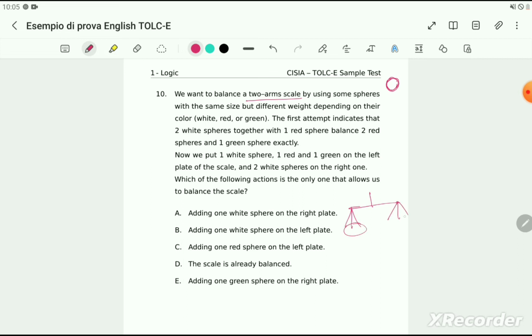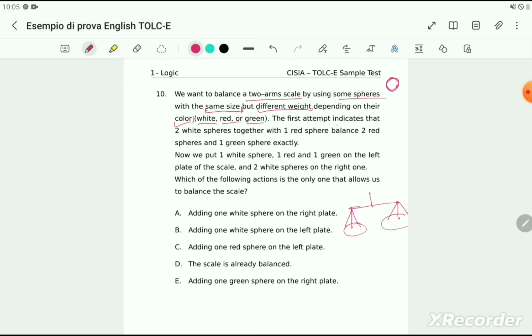Mostly people use digital scales. So what they want, using some spheres with the same size but different weight depending on the color. There are three colors: white, red and green.